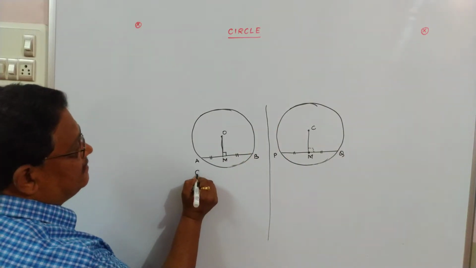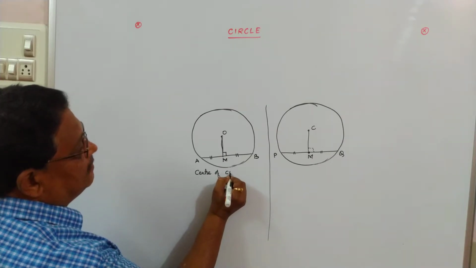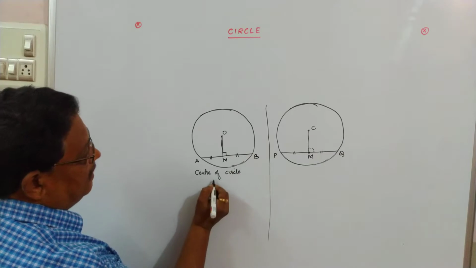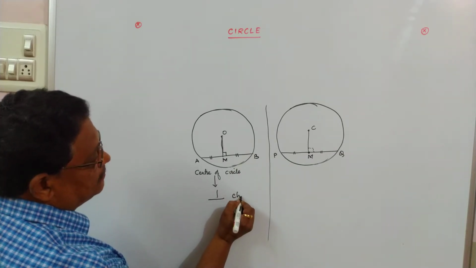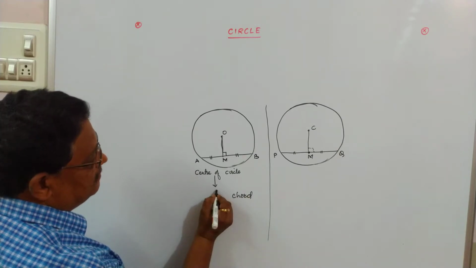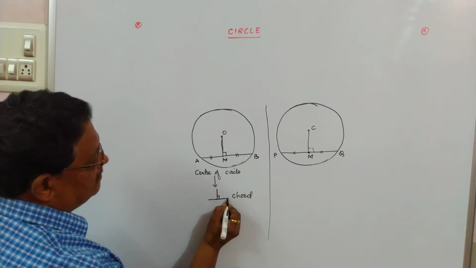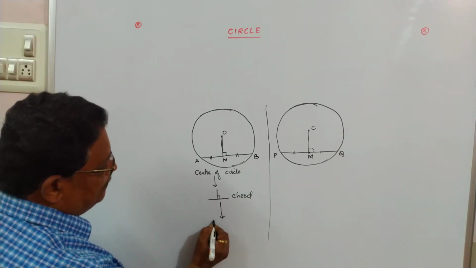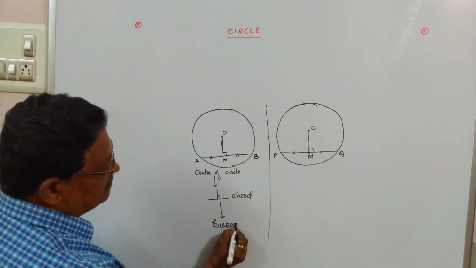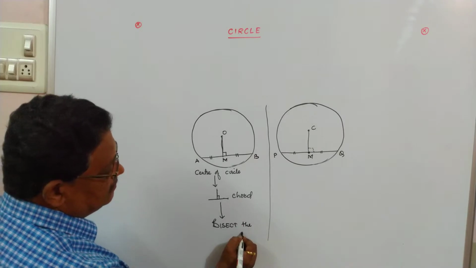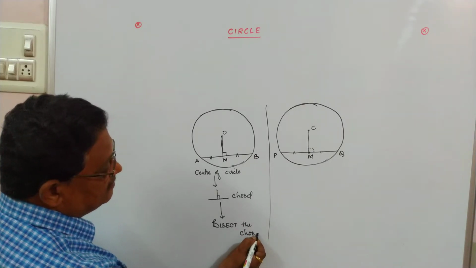Line joining center of circle and perpendicular to chord, it will bisect the chord.